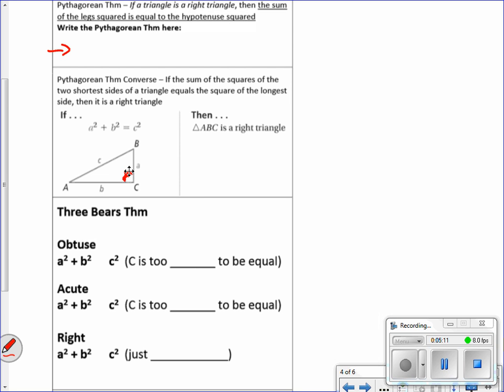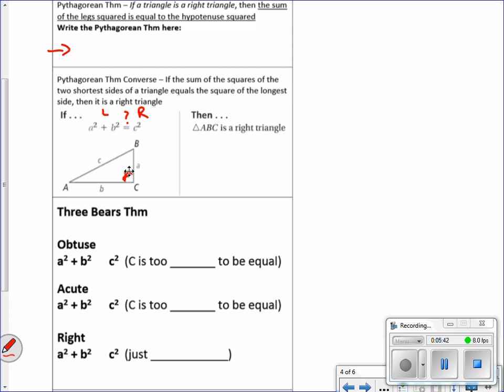If I took the three sides of a triangle and plugged them into the Pythagorean theorem and was wondering, is this a right triangle? I could plug them in there, and if the left side equals the right side, then in fact it is a right triangle. But if I plug those two sides in and it doesn't equal c squared, whatever that third side is, then it's some other kind of triangle. Your only two choices being obtuse or acute.